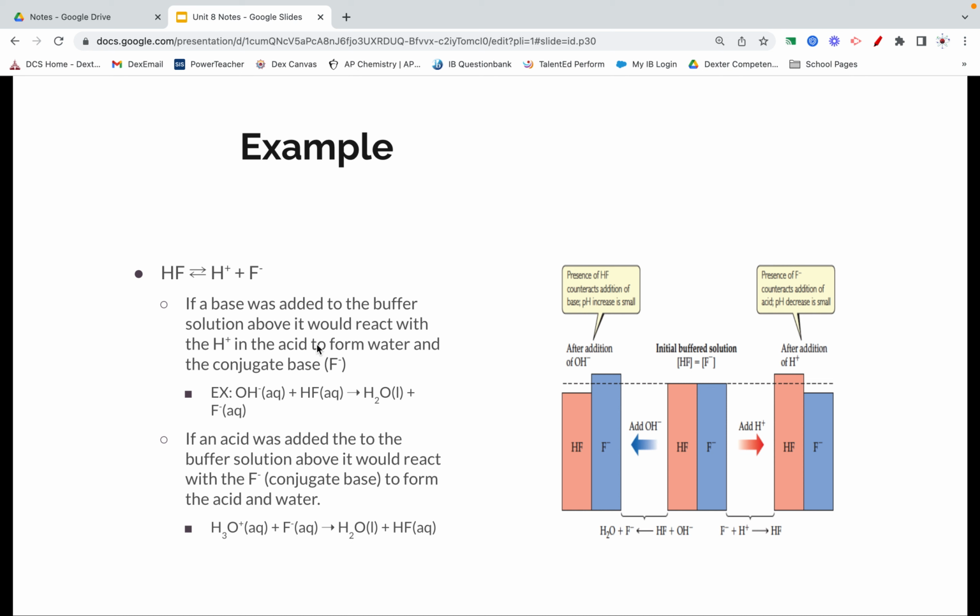If a base was added to it, the hydroxide would react with the H+ in the acid to form water, and so this water being formed removes the hydroxide, and it's going to keep the pH low. If an acid's added, the fluoride ion is going to react with the hydronium, and we're going to again keep the pH higher instead of reducing it from the acid being added.